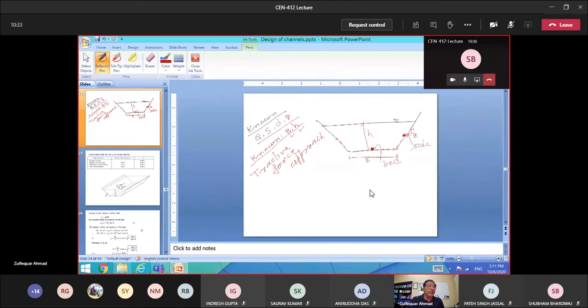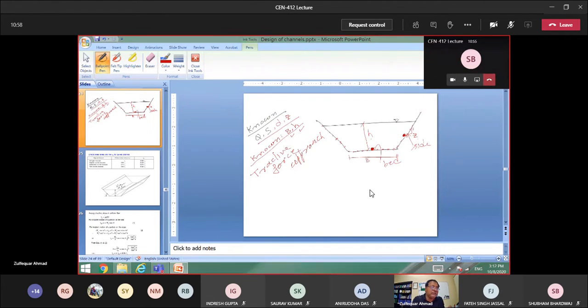That's fine. Let us talk about the stability of the sediment particles that are on the bed, right? At what shear stress will the bed sediment particles move?